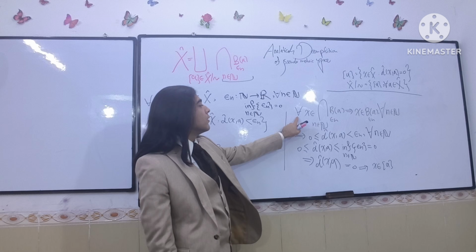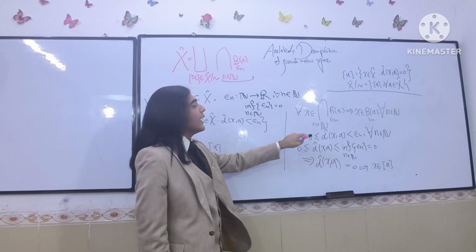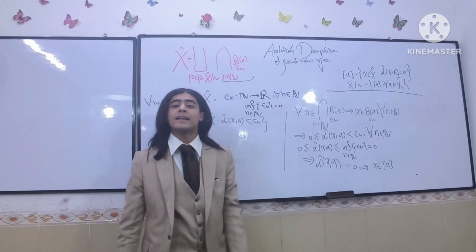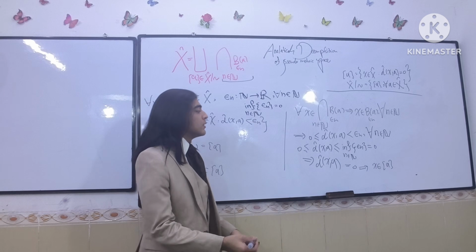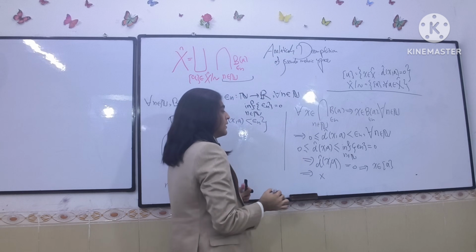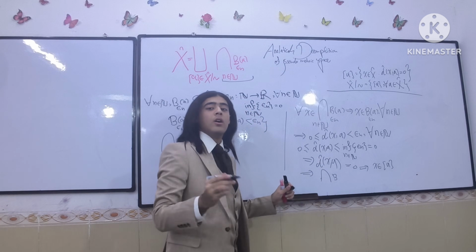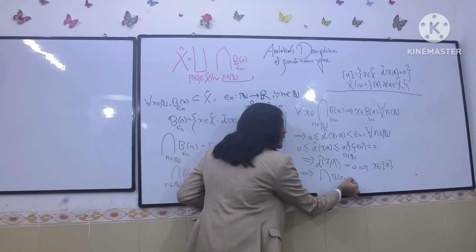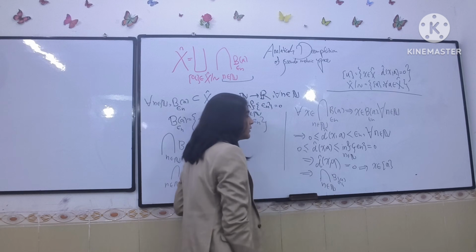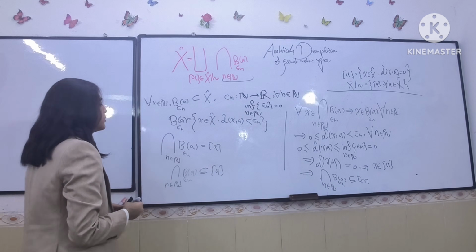We started the proof from all elements of the intersection and concluded that all elements in the intersection belong to the equivalence class of a. So the intersection of the neighborhoods B(a, epsilon n) for all natural numbers n is a subset of the equivalence class of a.